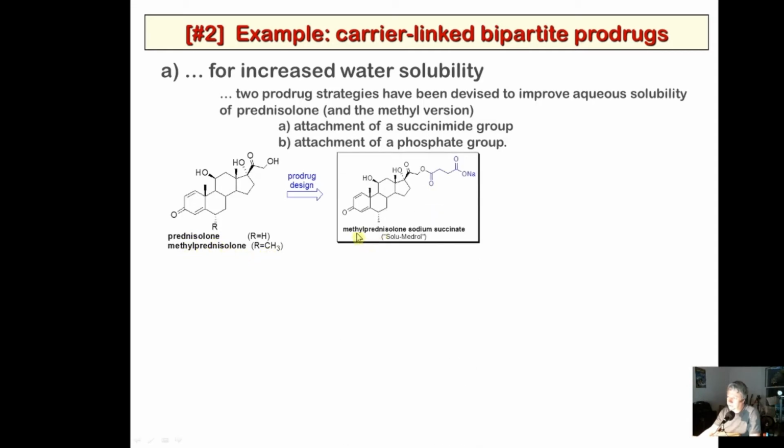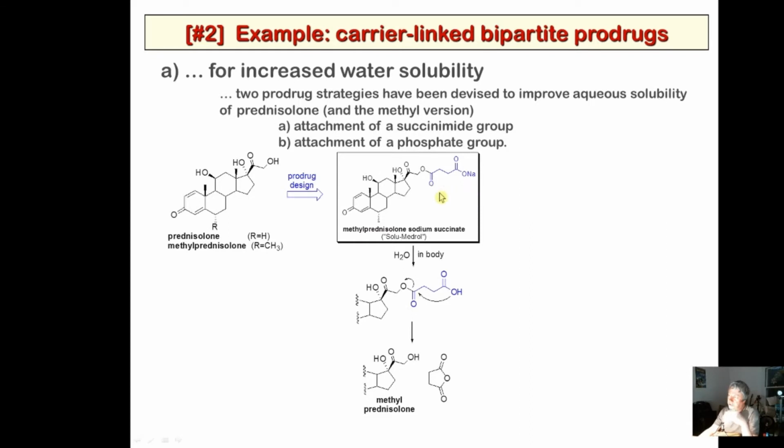Okay, so one of them is using methylprednisolone, so this has the methyl group on this B ring of the steroid. And what happened was they turned this primary alcohol into this succinate ester, which is a sodium salt. This is actually a really nice fragment, and it can be cleaved to the alcohol.